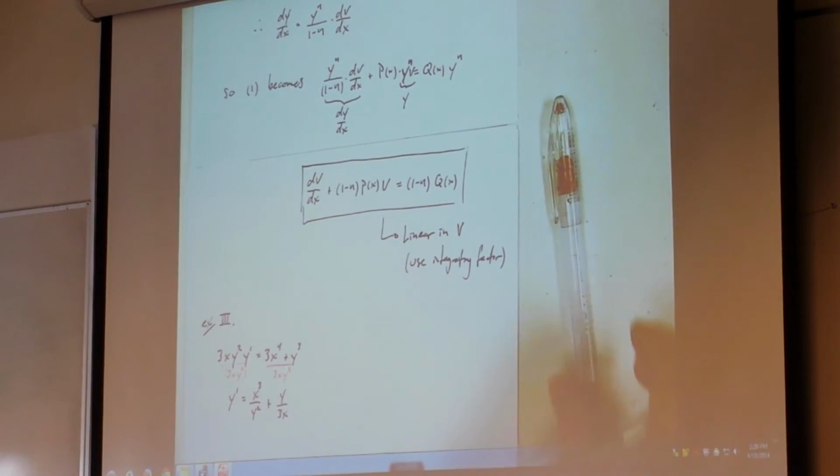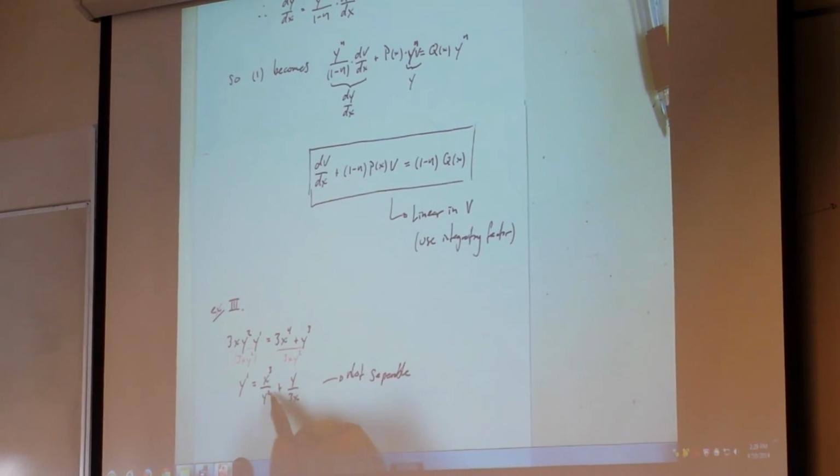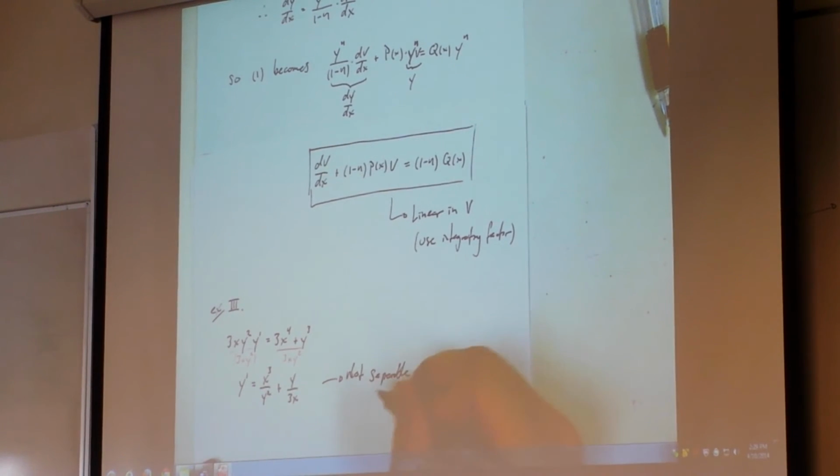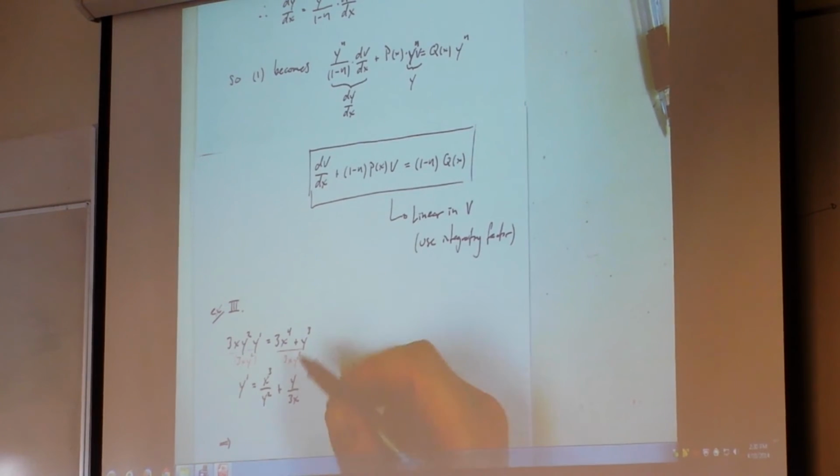All right. Now, this is certainly not separable. Just to keep pointing that out. And it's not linear because I got a y in the denominator. But I do have a y right there. I'm going to bring that over to the other side.